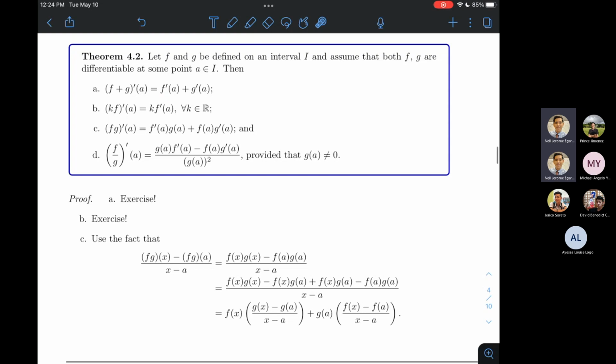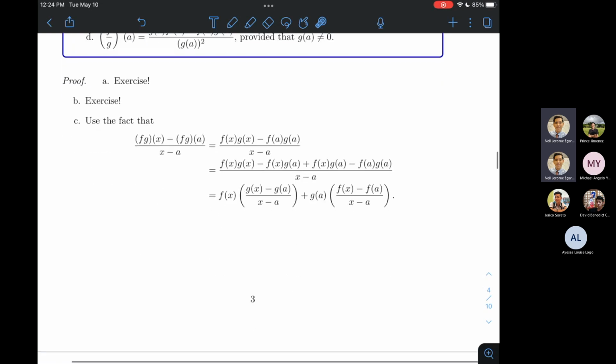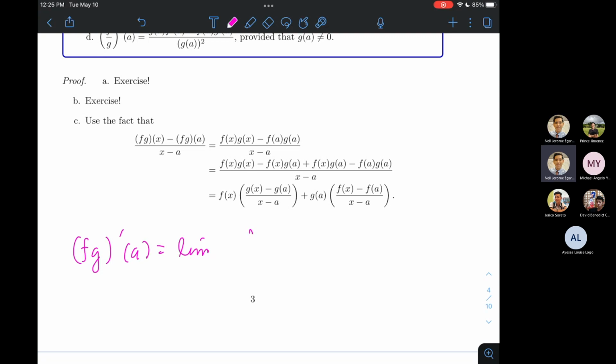Ang sinama ko na lang dito ay yung proof ng part C, which is the product rule. And again, this entailed a clever manipulation of the expression in the definition. Because remember, (fg)' of a is equal to the limit of fg of x minus fg of a all over x minus a as x approaches a, right?